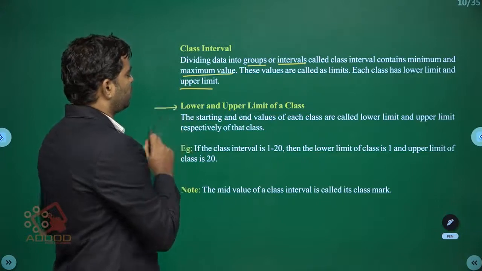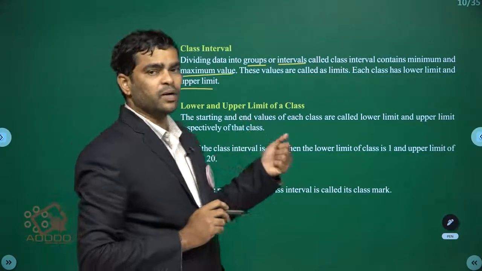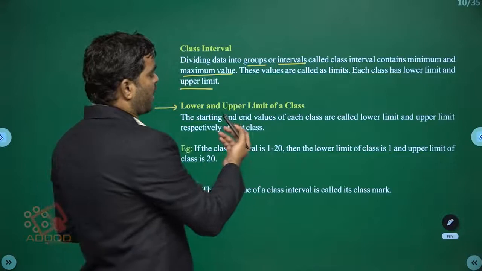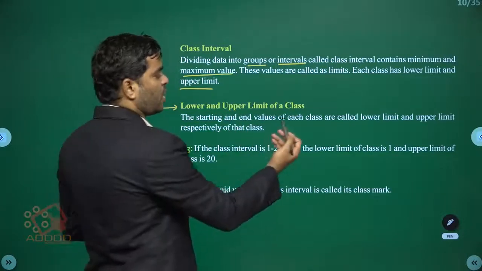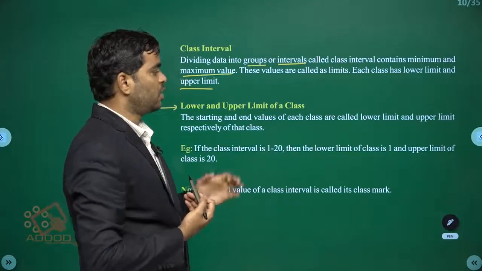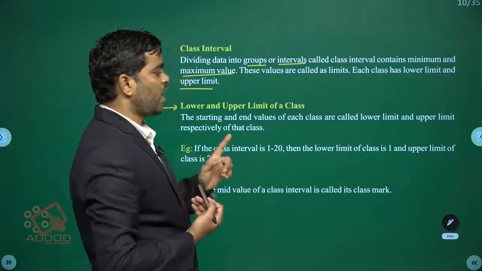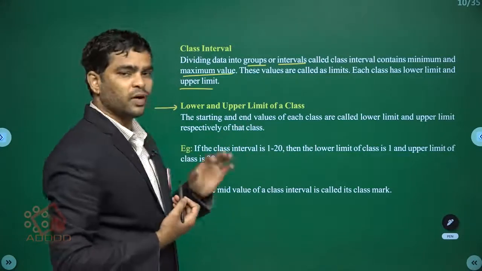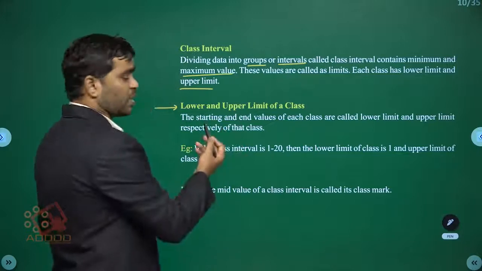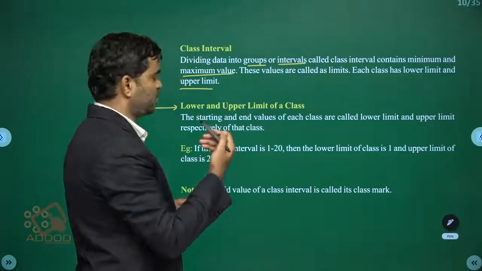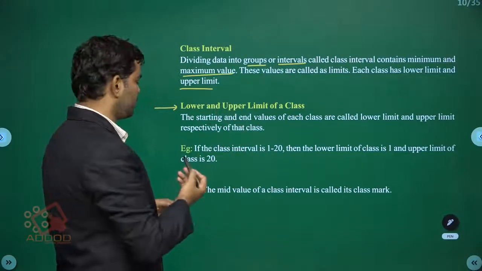Now let us see what are the lower and upper limit of a class. The starting and end values of each class are called the lower limit and upper limit respectively of that particular class.